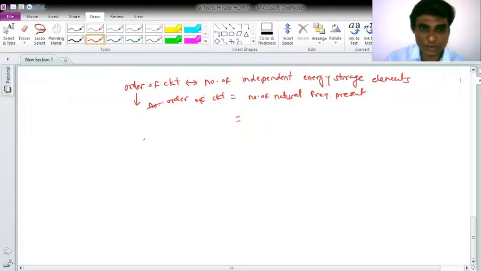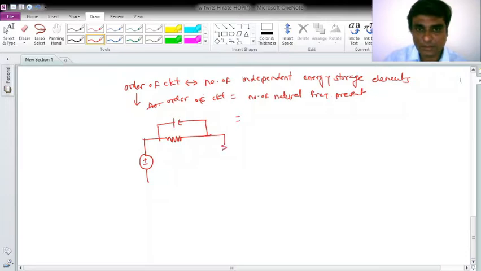So suppose I have a voltage source like this, the resistor, then there is a capacitor like this, and one more resistor I have, and let me draw the capacitor, this capacitor here.